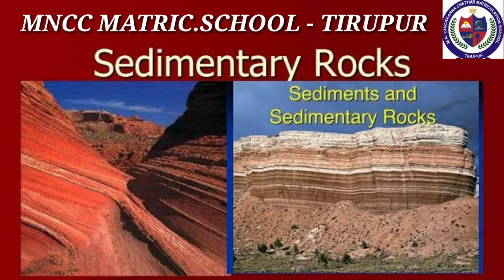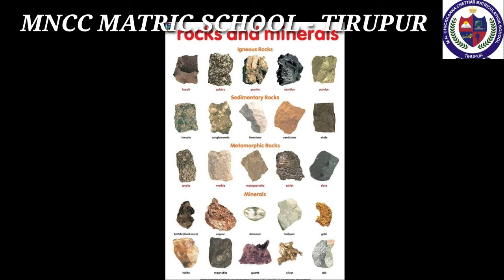As they consist of many strata, they are also known as stratified rocks. Characteristics of sedimentary rocks: they have many layers, they are non-crystalline, they contain fossils, and they are soft and get eroded easily.